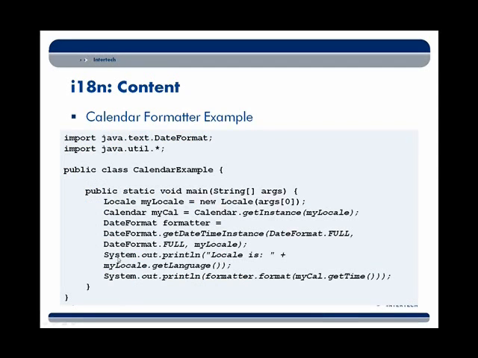So here is a code example of how we can pull out a calendar date and have, at runtime, this delegation so that it'll look at a locale and it will then print out what the actual date is for that specific region. So in this example, I'm just pulling out a locale that's specified when I start up the application and create that locale object.